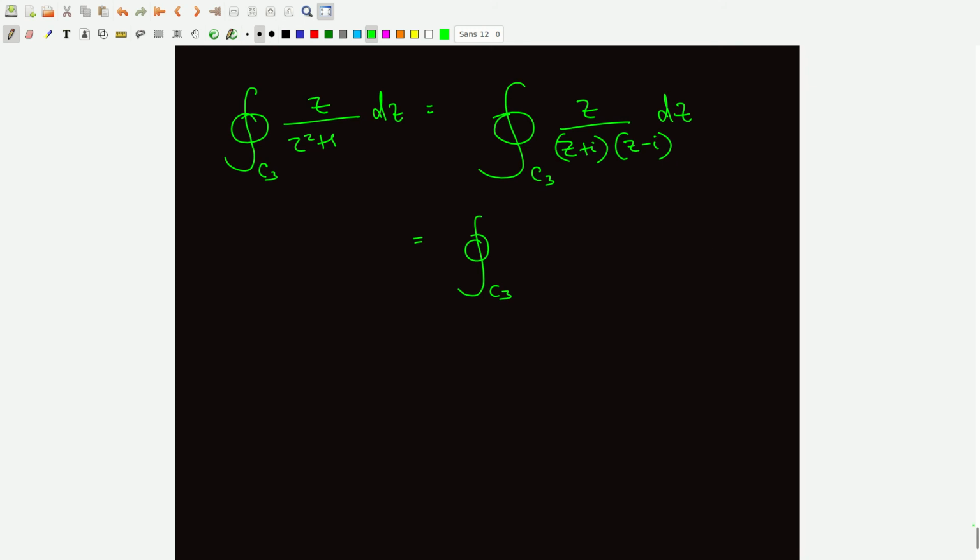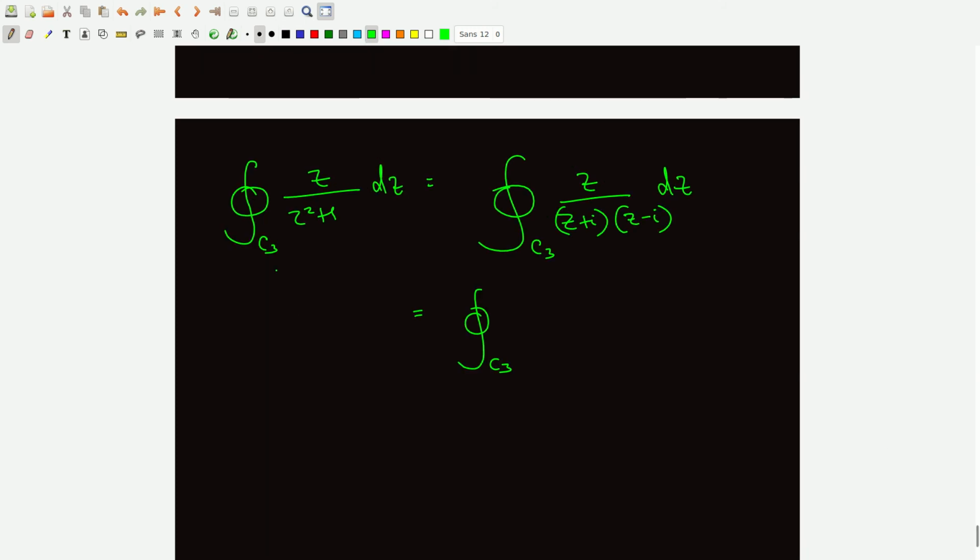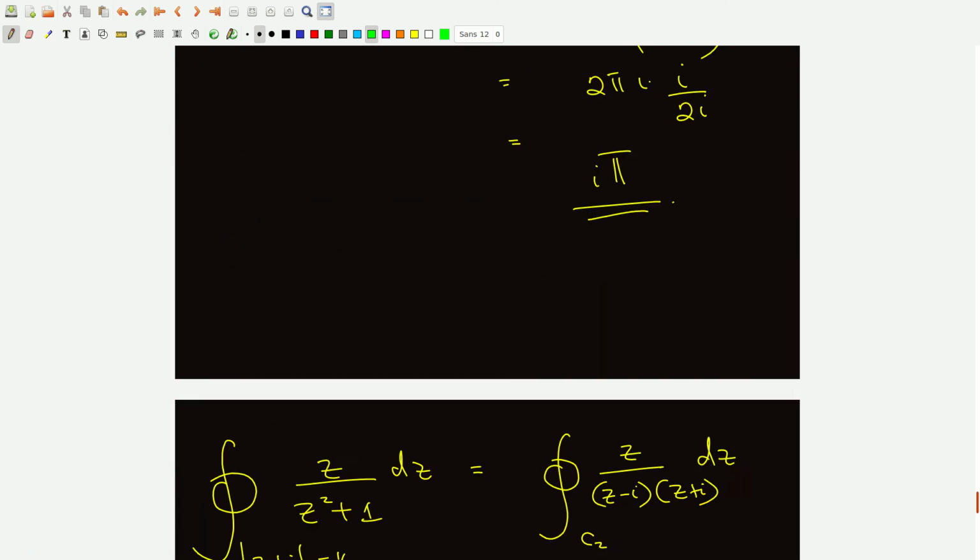Maybe we should have sketched this first. So C3 is just this one here, absolute value of z equals 2, which is just a circle centered at the origin with radius 2.